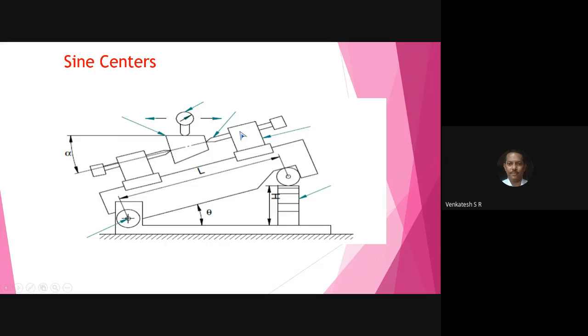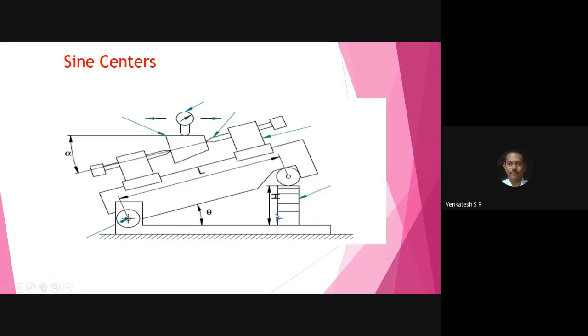Before conducting this experiment, calculate the height h of the slip gauges. Measure the taper of the component by using the universal bevel protector. Note down the approximate angle of the taper by using the universal bevel protector and calculate the height.